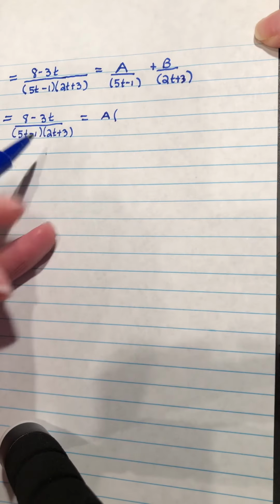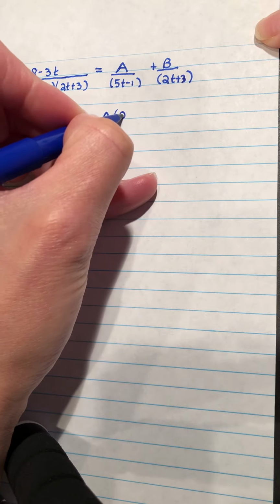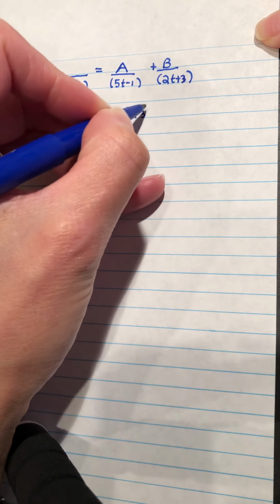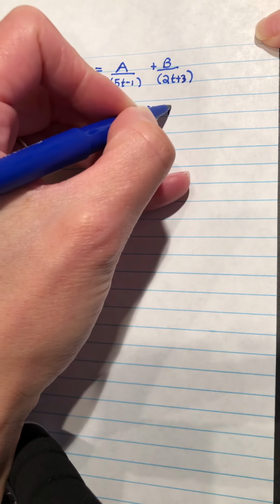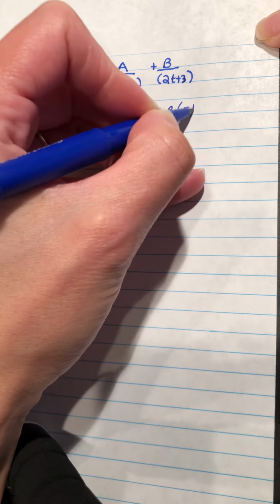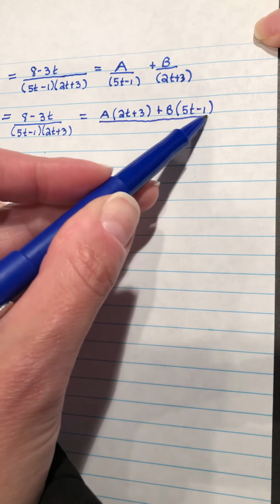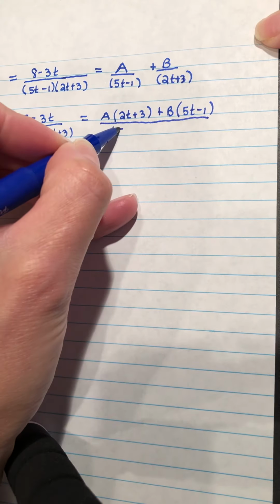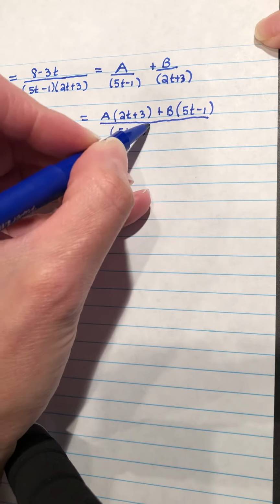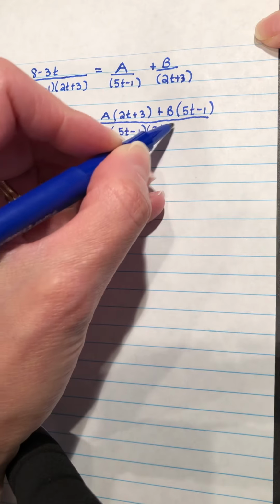Good thing I caught that. That would have been bad. A times 2t plus 3 plus b times the quantity 5t minus 1 all over the quantity 5t minus 1 times 2t plus 3.